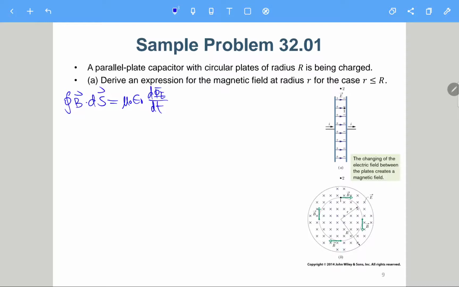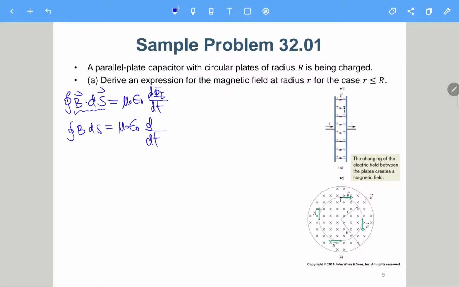So, due to the symmetry, we can simplify this part as B ds equals mu naught epsilon naught, and now we assume that the E is changing.